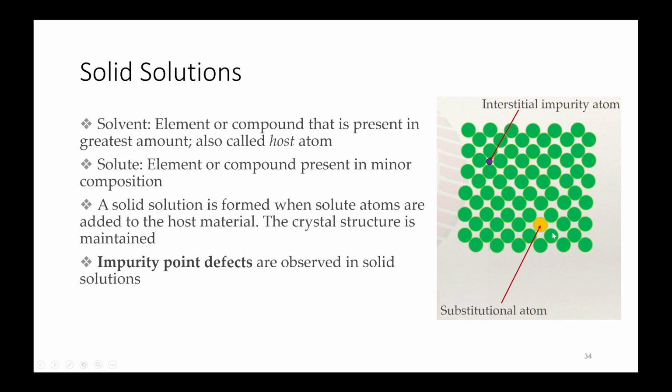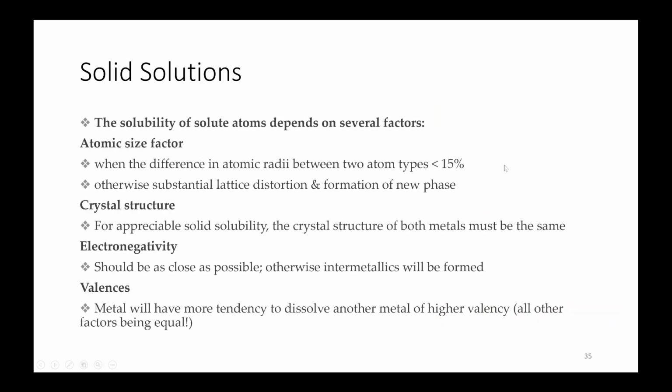Now, depending on the size of the atoms, they can be either interstitial impurity atoms or substitutional atoms. So, substitutional will be taking regular positions, and interstitial will be taking the inner positions between the atoms without changing the positions of the regular atoms. Now, for these solid solutions, the solubility of solute atoms depends on several factors.